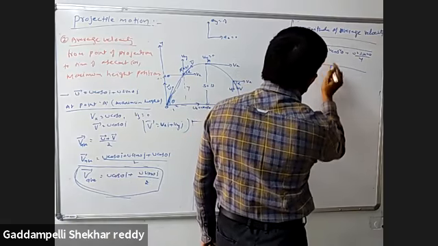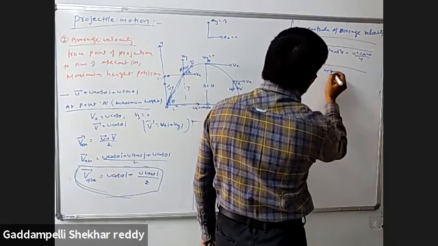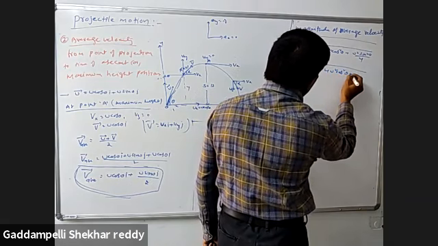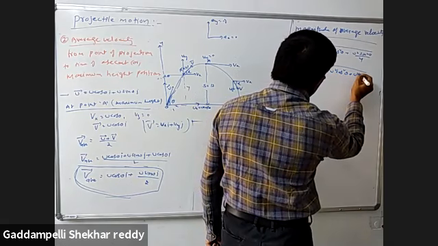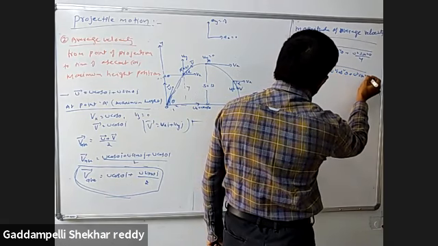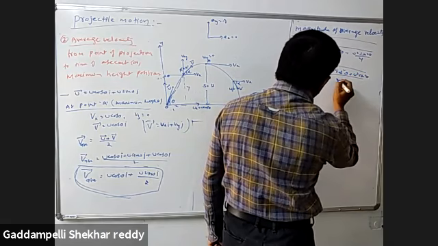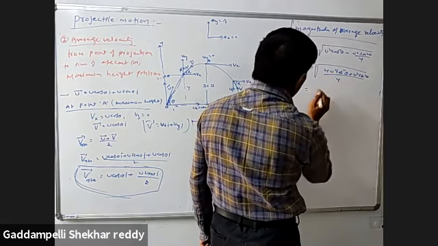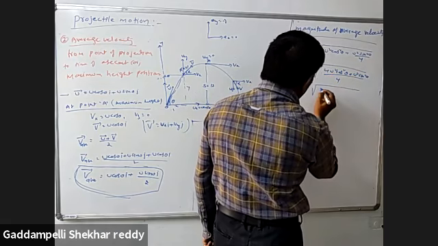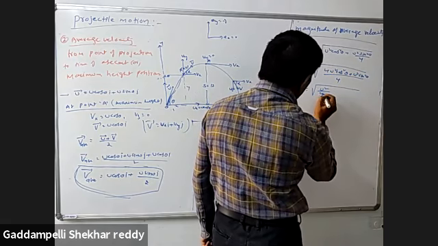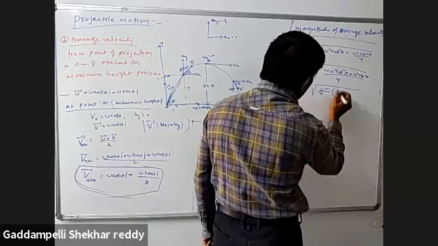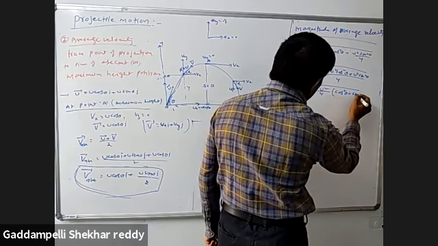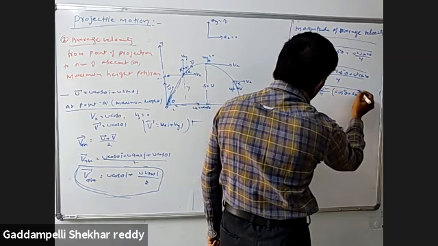So here LCM 4: 4 u square cos square theta plus u square sin square theta, by 4. Then what is common? U square by 4 we have to write separately: cos square theta plus sin square theta.